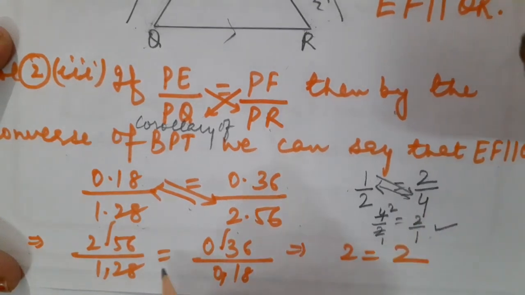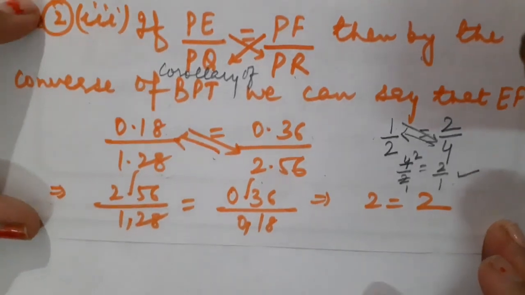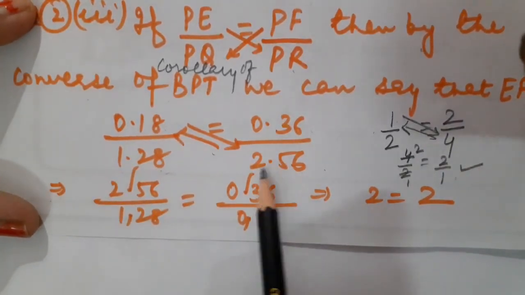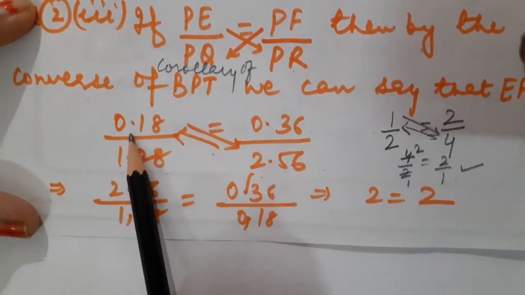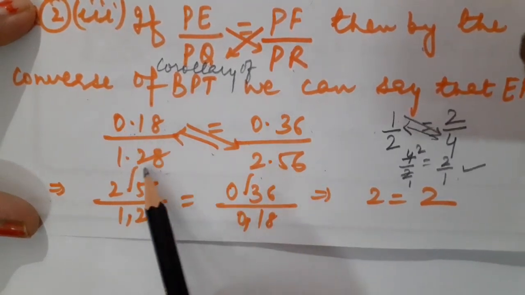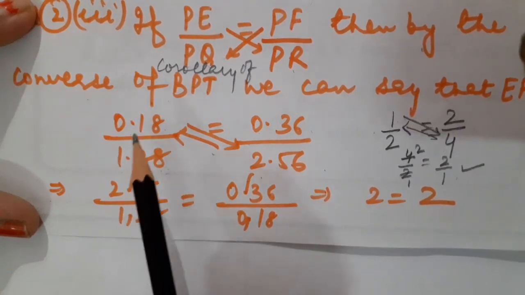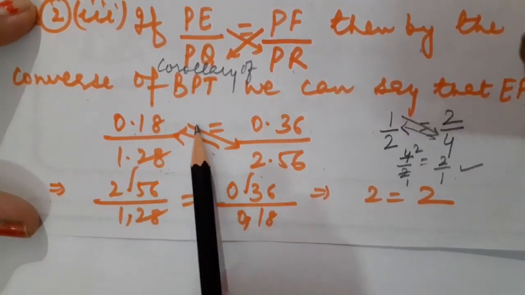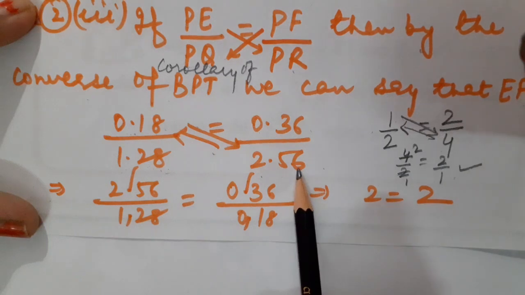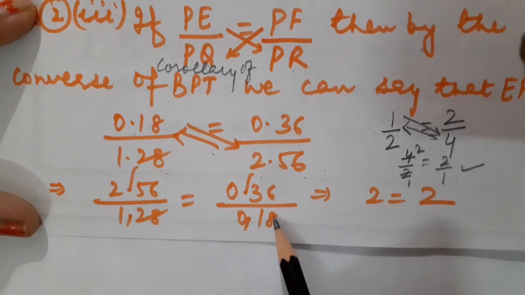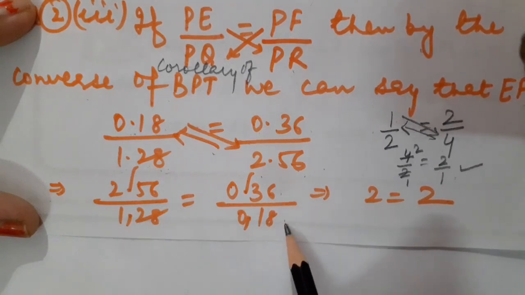The same strategy I am going to apply over here. Why? Because it would make the calculation easier. I have brought this 2.56 on left hand side at the numerator place, and this 1.28 will remain here only. Okay. And this 0.18 I have brought here on right hand side at denominator place. Why? Because I know to cancel 36 by 18 is quite simple.